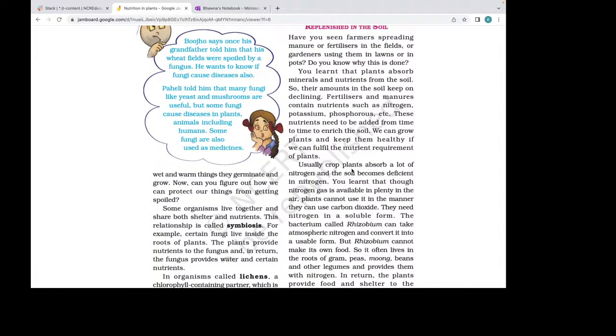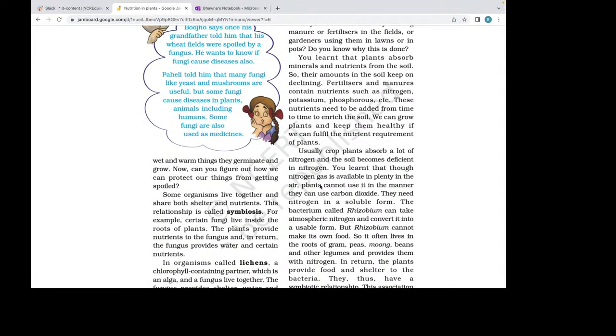Usually crop plants absorb a lot of nitrogen and the soil becomes deficient in nitrogen. जो crop plants होते हैं, crop as in wheat and there are many crops.